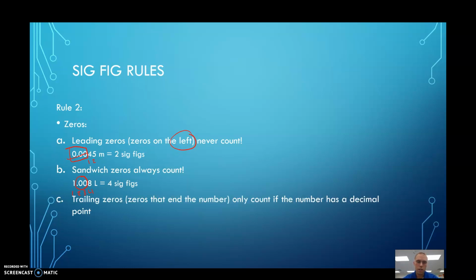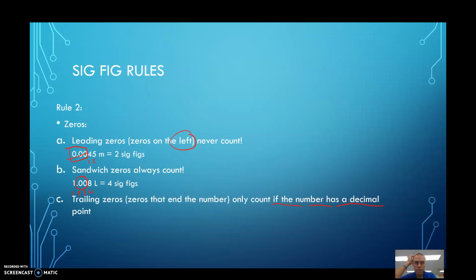Trailing zeros is where it gets a little bit iffy. Okay? So trailing zeros are going to be zeros that end a number. Zeros that come after all of the other stuff. Trailing zeros count if the number has a decimal. Okay? If this number has a decimal point, then trailing zeros count.